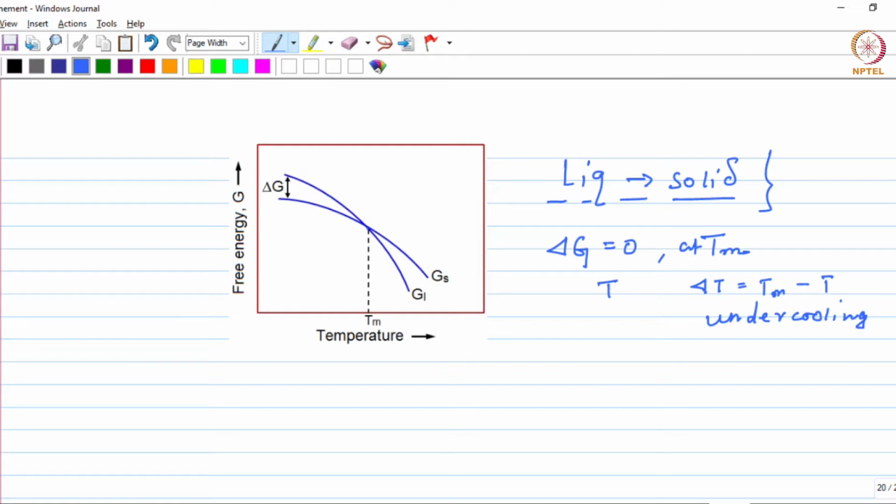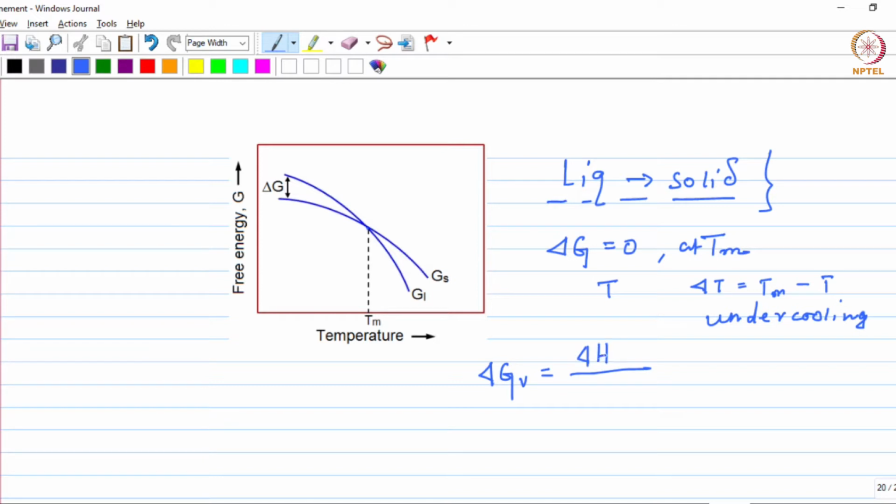And it can be shown that this free energy change delta GV is actually equal to this.